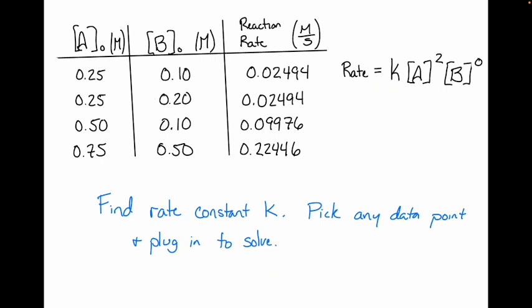All right, if we pick one of those data points and fill in that information, that'll be everything within that equation except for that one missing variable K, and we can just use our normal algebra rules to solve for that missing variable. So everybody take a second and tell me what the rate constant for this reaction is.